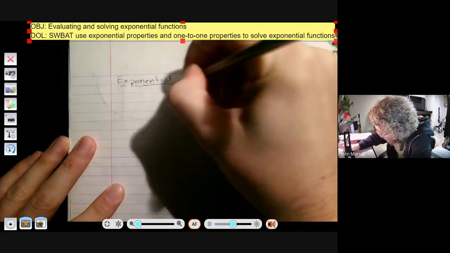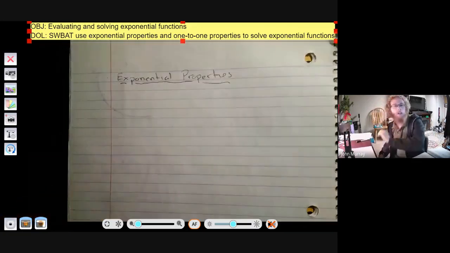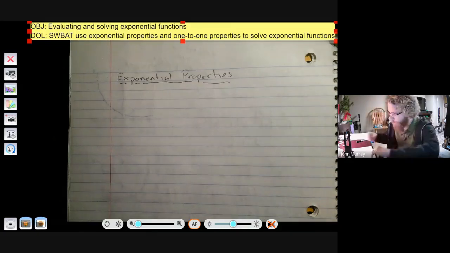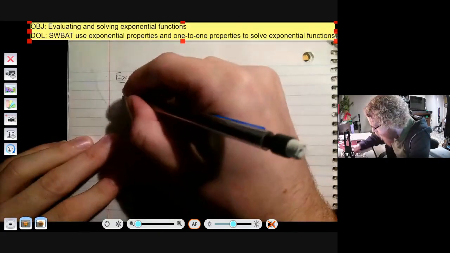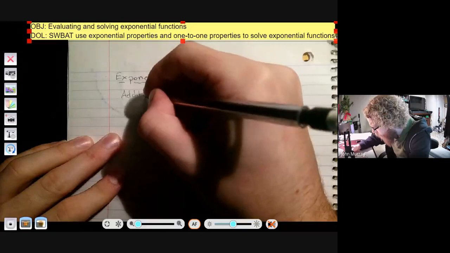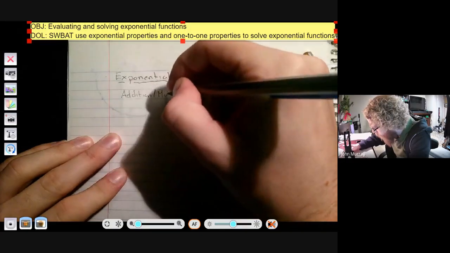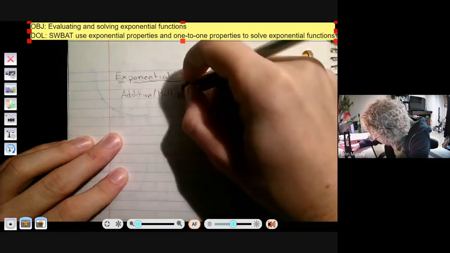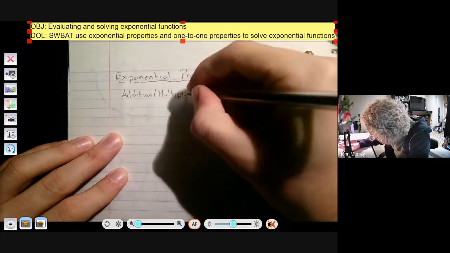This stuff you should have gone over last year, but who knows how long ago that was. If you were already in lockdown, I don't know. So we're going to go over the exponential properties first.